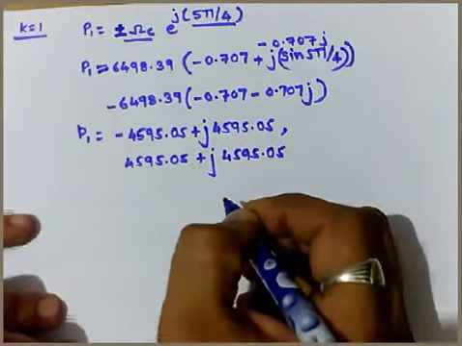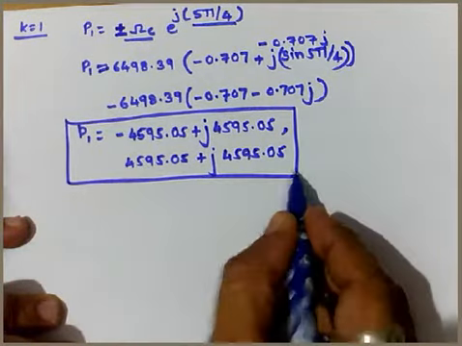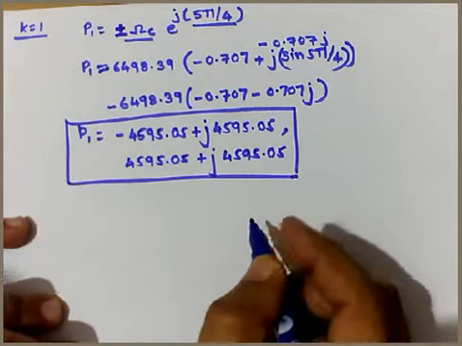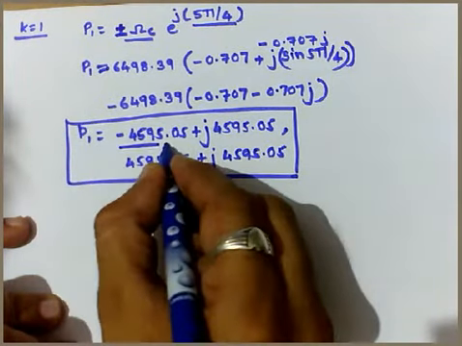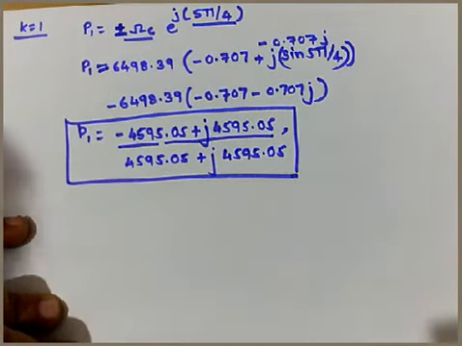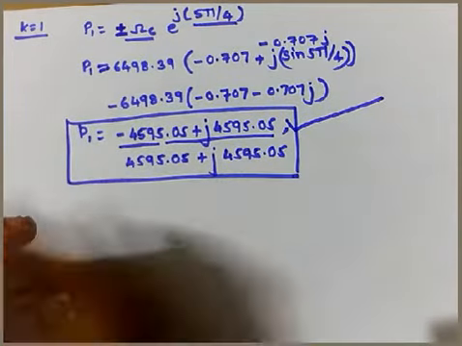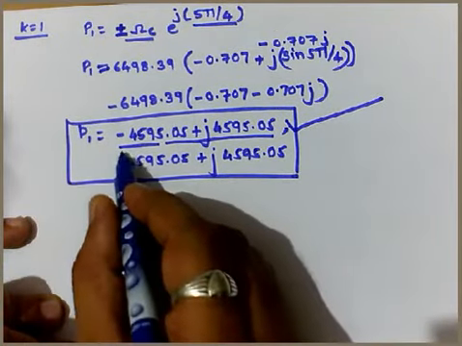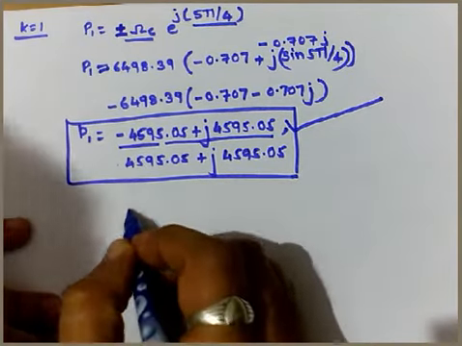Now if we look at these poles and the poles for the earlier case, here the poles are lying in the second quadrant. So it means it is on the left hand side. That's why this first pole will be considered. This second pole, which is plus plus, obviously is in the fourth quadrant.